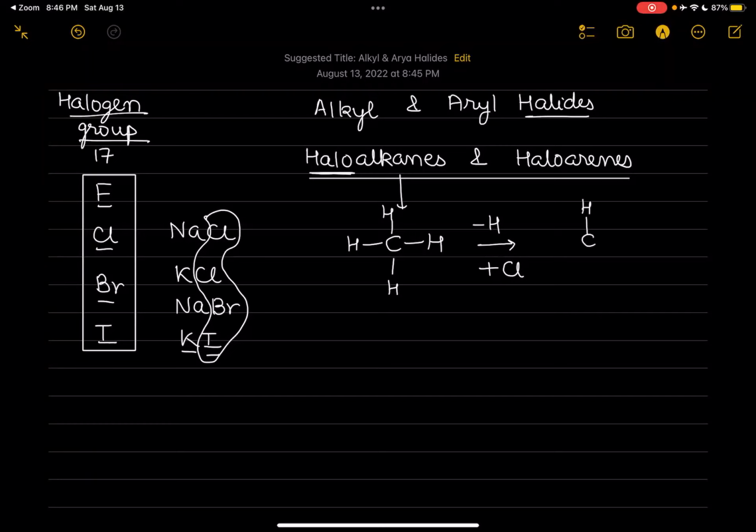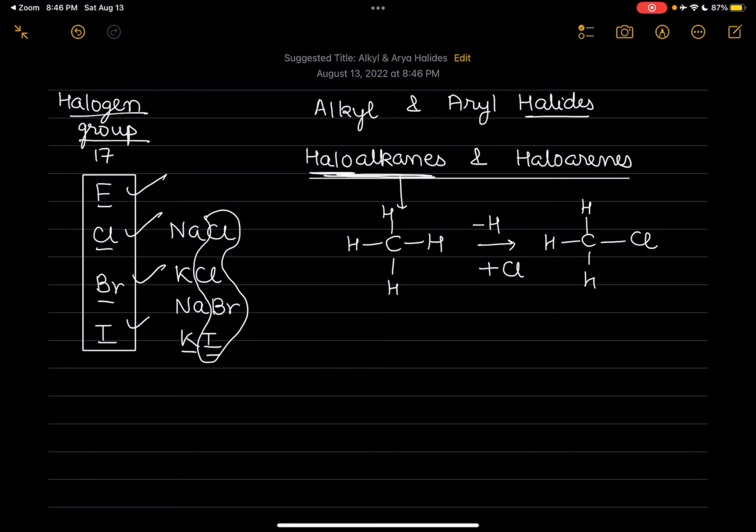So H, H, H, and Cl. This molecule is formed by removal of H and putting Cl, or any of these halogens, in place of hydrogen. What you get is a haloalkane. The general name is haloalkane, meaning there is a halogen and there is an alkane.